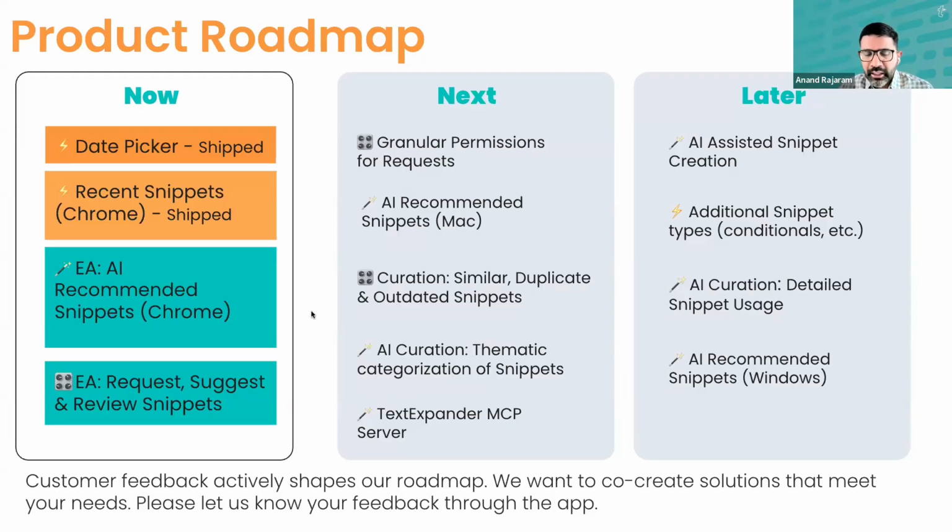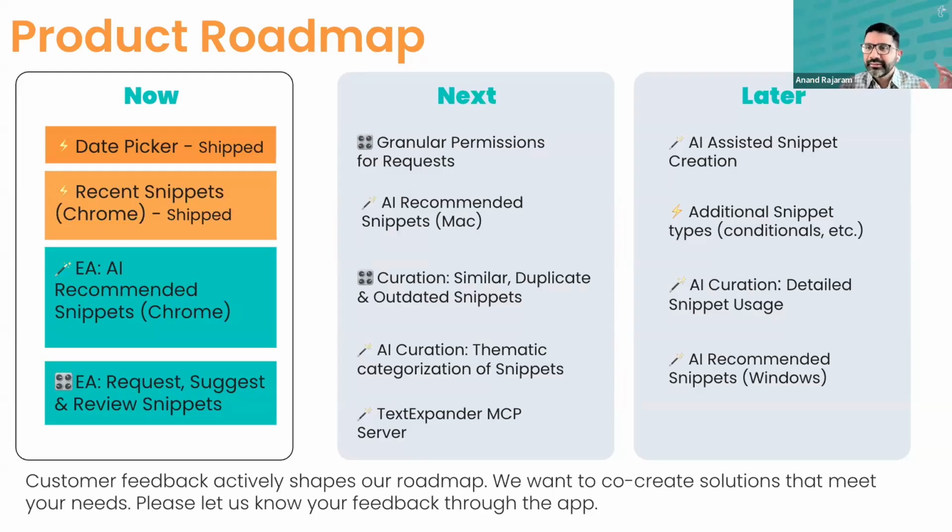We have a whole bunch of additional things planned for snippets, the core snippet functionality: conditional snippets, a way by which creators and snippet expanders can have instructions as part of the snippet, highly detailed usage, and making the creation to curation tools easy, and of course recommendations on Windows. So this is what we have coming later, which probably means about a quarter or two out in terms of timeline. So that's our high level roadmap.